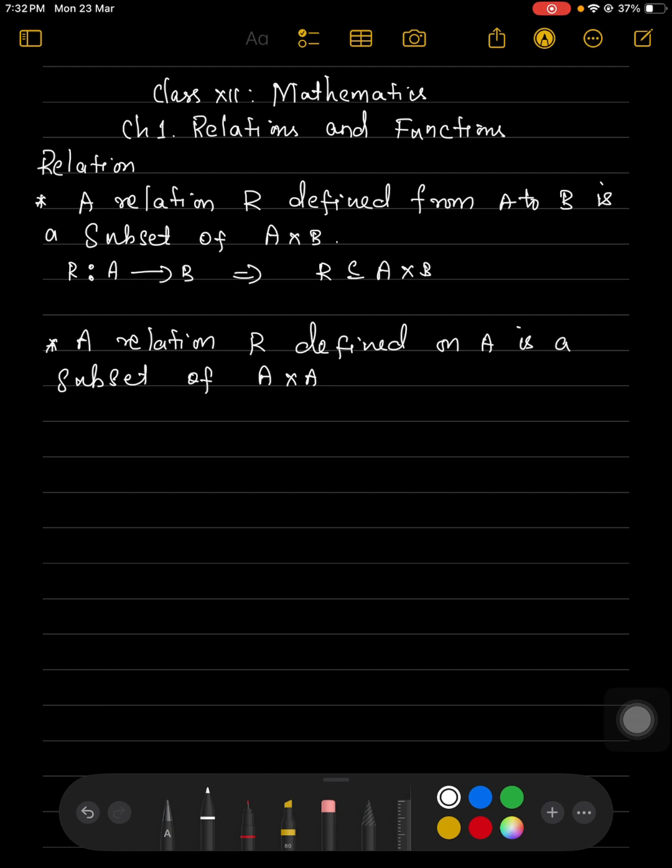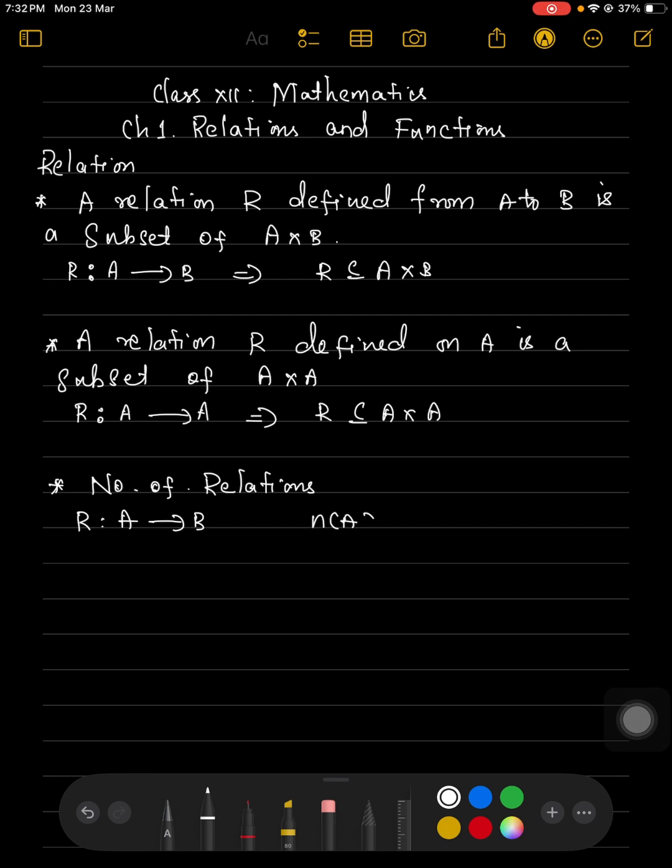How do we symbolically write this? R from A to A implies R is a subset of A cross A. Next, how many relations can we define? A very important one mark, number of relations. If the relation is from A to B, supposing the number of elements in set A is P and the number of elements in set B is Q, then how many relations will be there?